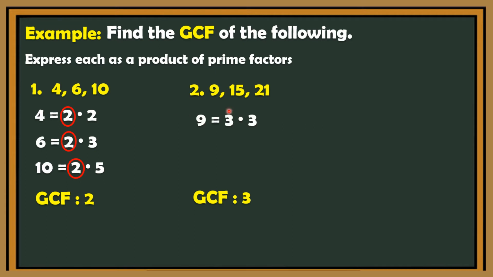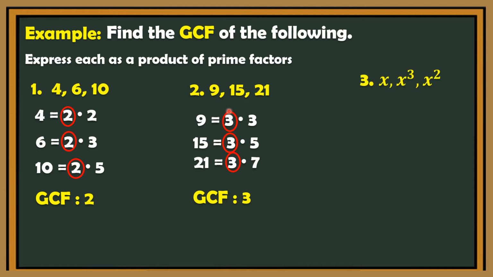Factors of 9: 3 times 3. Factors of 15: 3 times 5. Prime factors of 21: 3 times 7. Common factor is 3. Therefore, that is the greatest common factor of 9, 15, and 21.